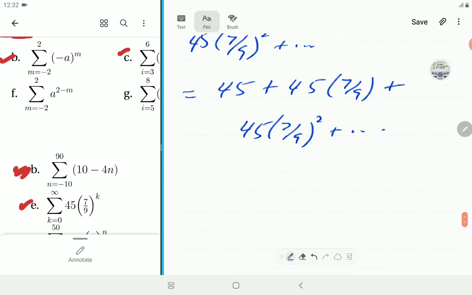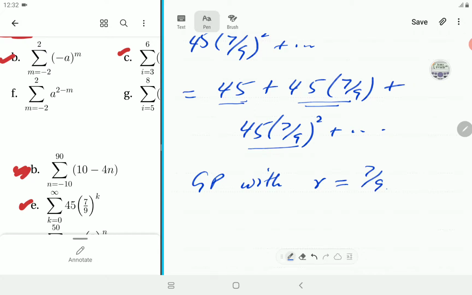Now this again is going to be a geometric sequence, because you can see that if you divide this by this, you are going to end up with 7/9. If you divide this by the second term, you're going to end up with 7/9. So this is going to be a GP with ratio 7/9.